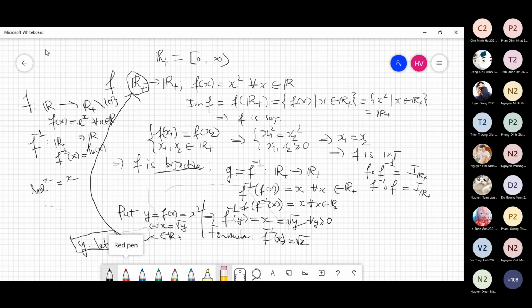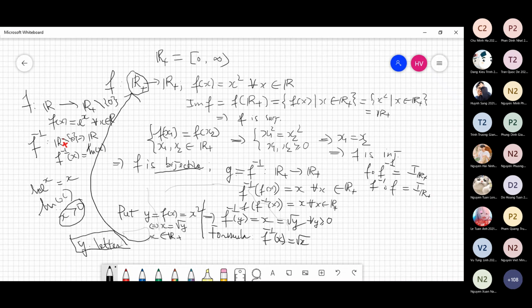So you have to have here R plus minus 0. Good. Because ln of x is defined only for x greater than 0. Yeah, you're right.